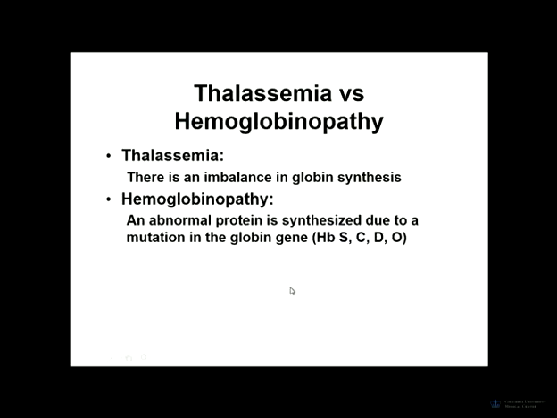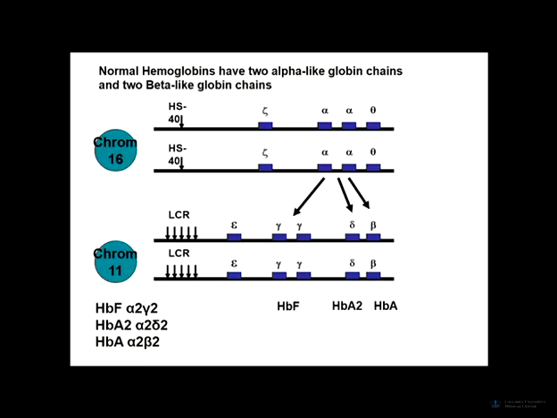I like to make a distinction between problems where there's an imbalance in globin synthesis, which is the thalassemias, and the hemoglobinopathies. Hemoglobinopathies is where there is an actual mutation in the protein, so that you have an abnormal protein being synthesized. Whereas in thalassemias, there's an imbalance in the synthesis of the alpha versus the beta globin.